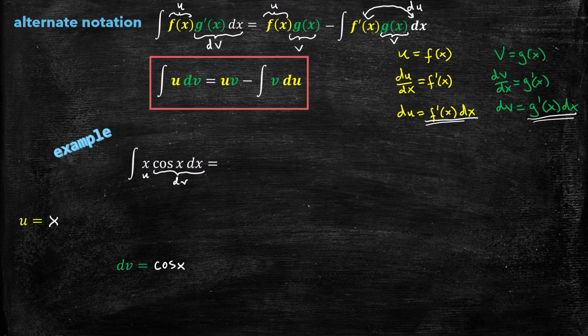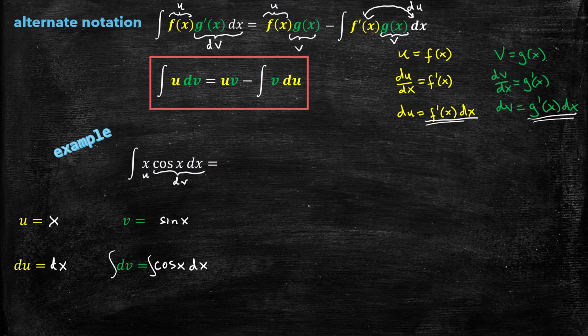So I'll write that here. And then du by dx would be 1, so du is just dx. And if we integrate both sides, the integral of cosine x is sine x, so we're left with v equals sine x.